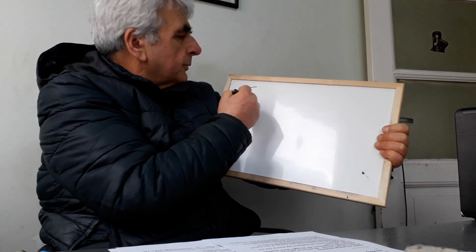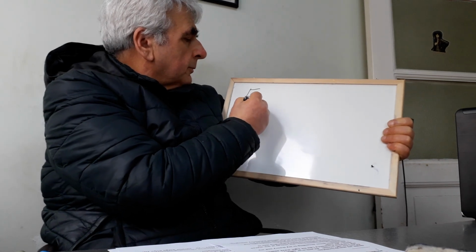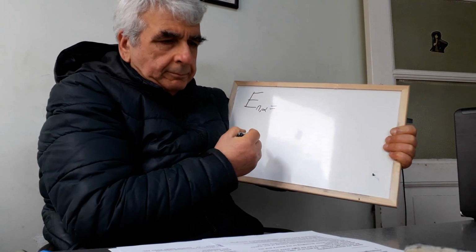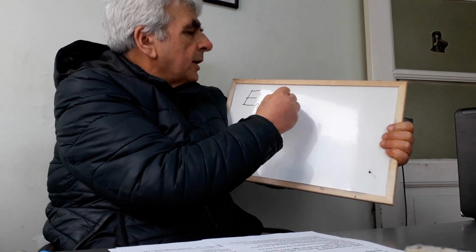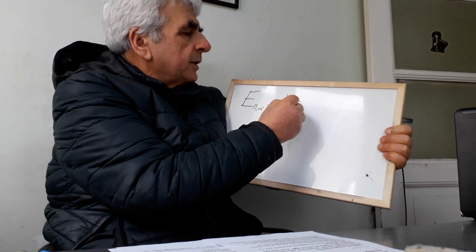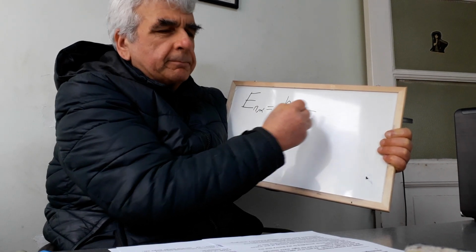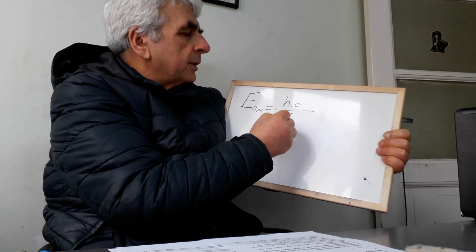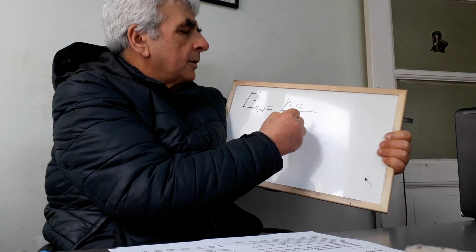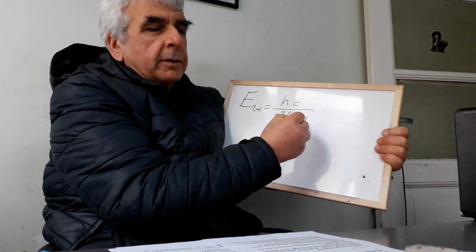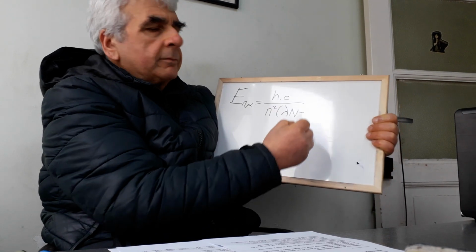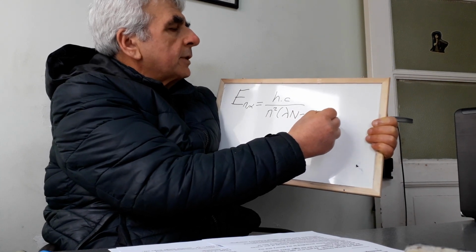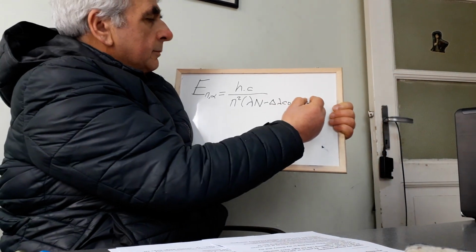E, energy, and alpha equal h multiplied by c divided by n² in parentheses, lambda n minus delta lambda, cosine alpha.